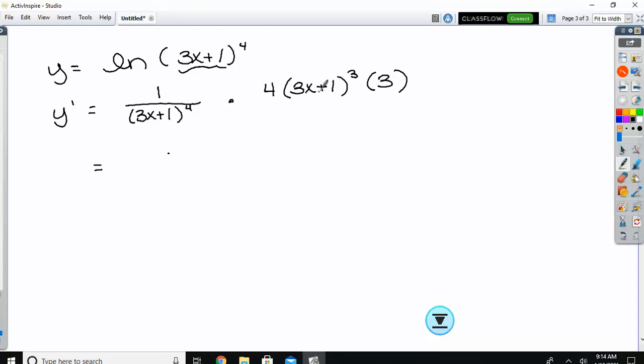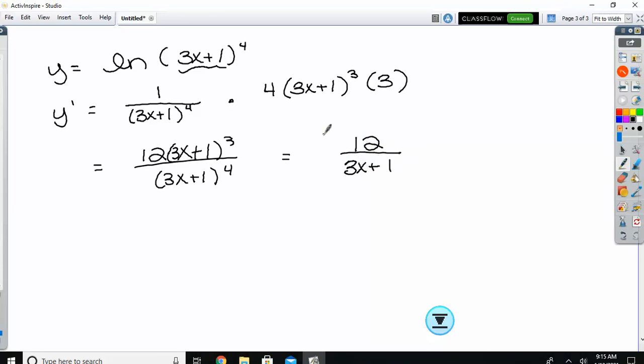And then if we clean that up, that's a 12 times (3x plus 1) cubed over (3x plus 1) to the 4th, which reduces to 12 over 3x plus 1.